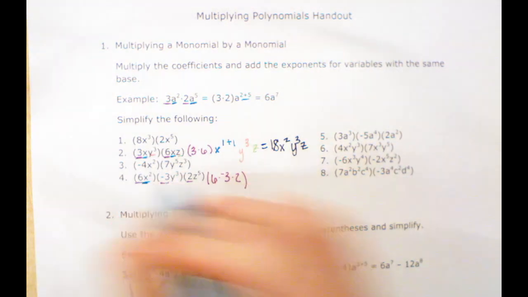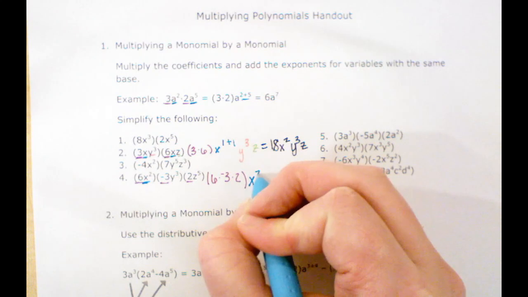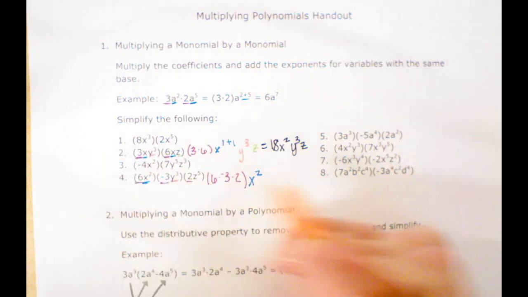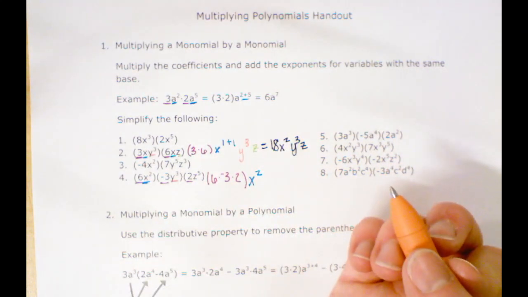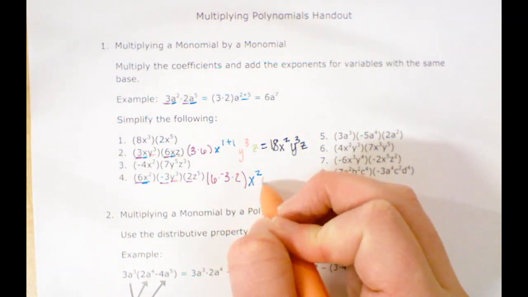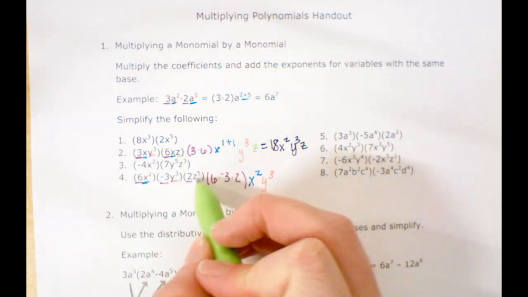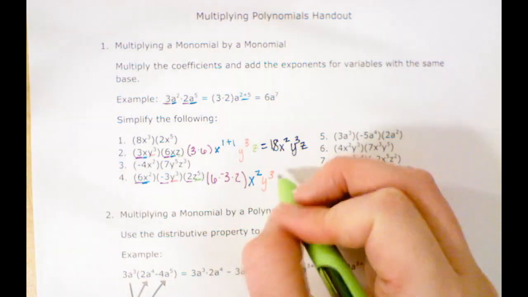Do you have any other x's? No. Then we have a y cubed. Do we have any other y's? No. So we have y cubed. Then we have z to the 5th. Do we have any other z's?